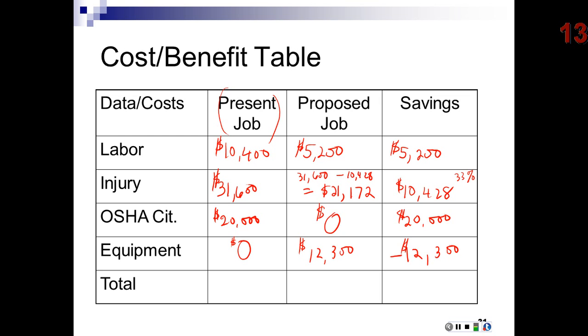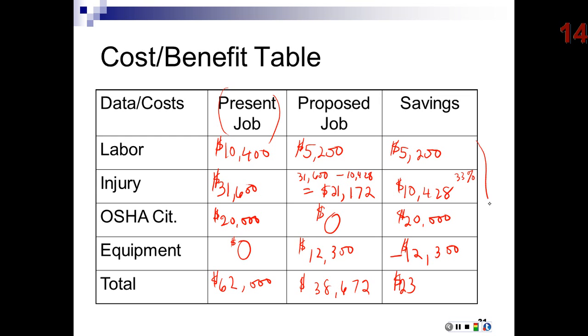Now we simply tally up the totals in each column. For the present job, adding $10,400 plus $31,600 plus $20,000 is $62,000. Proposed job should cost us $38,672, which means we should be saving.